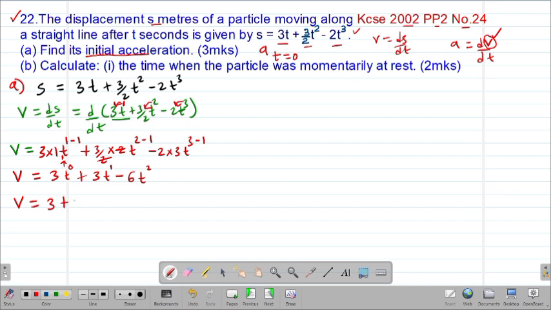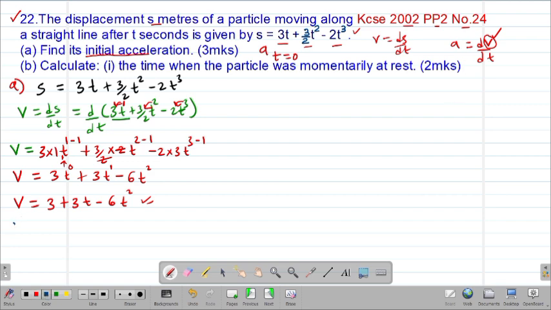Then plus 3t, then minus 6t squared. Therefore, this is our equation for the velocity. The velocity of the particle at any given time t will be given by 3 plus 3t minus 6t squared. But the question wanted us to have the acceleration.